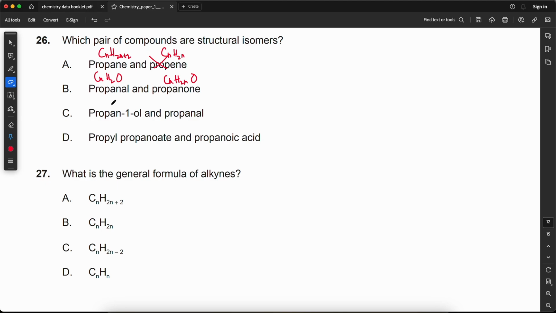Propan alcohol, CnH2n+2O. And for aldehyde, CnH2nO, no. Ester, CnH2nO, but for carboxylic acid it is CnH2n+1COOH. So the answer is B.